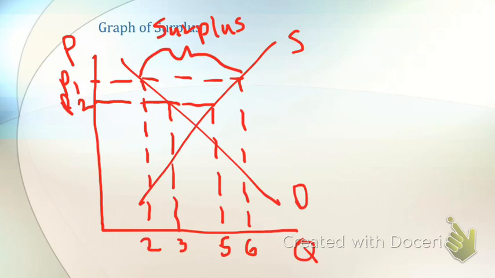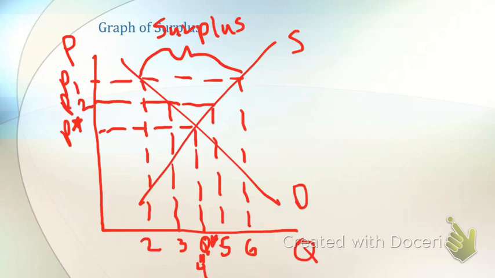Yes, the surplus is 2. And so on, until finally we get to P star, when supply equals demand. That would be equilibrium of 4, right? Any questions on surplus?